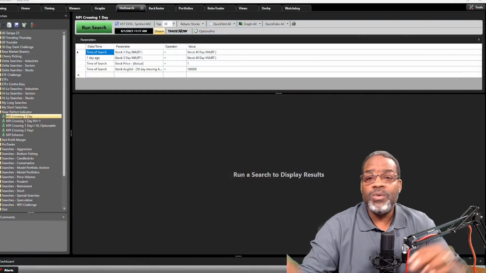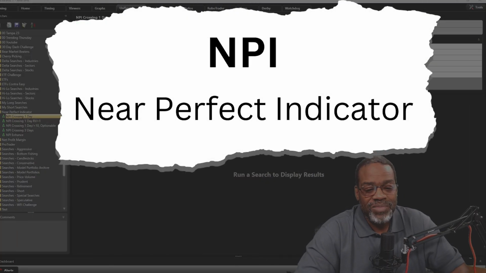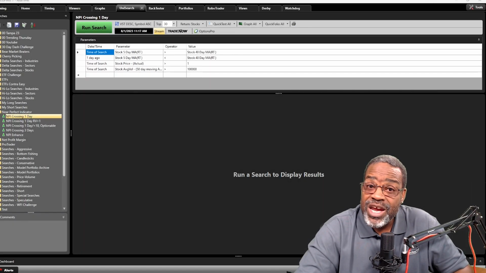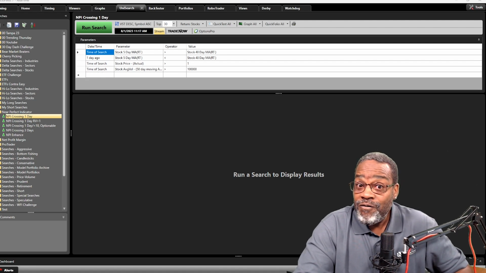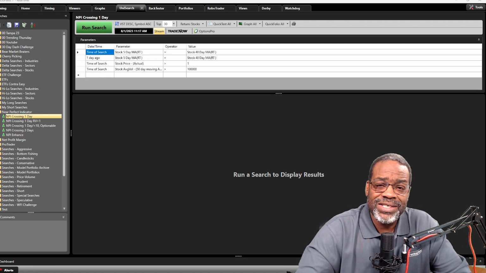Now, if you're still looking for stocks to pick, folks, this stock picking technique by far is one of my favorites, and it's going to knock your socks off. So with that, let's get right into the software. This one is called the near perfect indicator. And you know something that probably stands out right away: the near perfect indicator, not the perfect indicator, but the near perfect indicator to help you find stocks to buy.